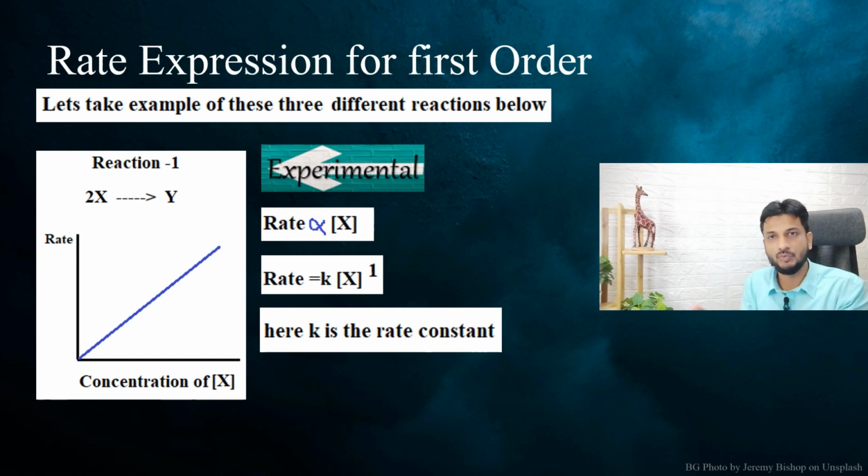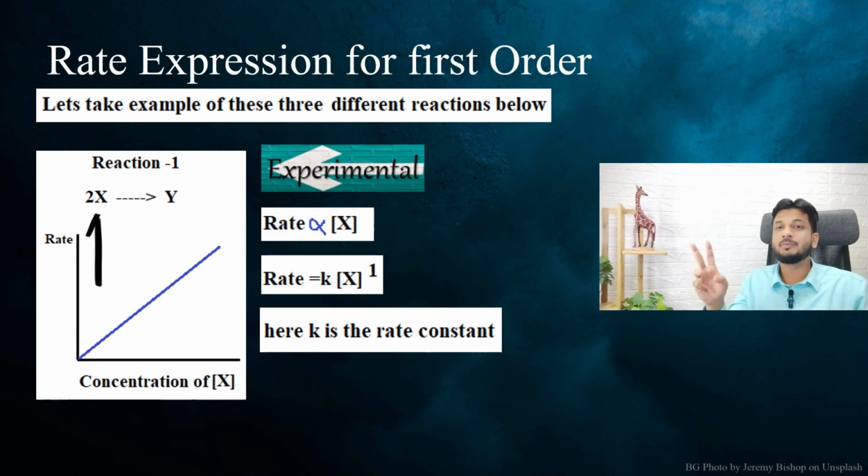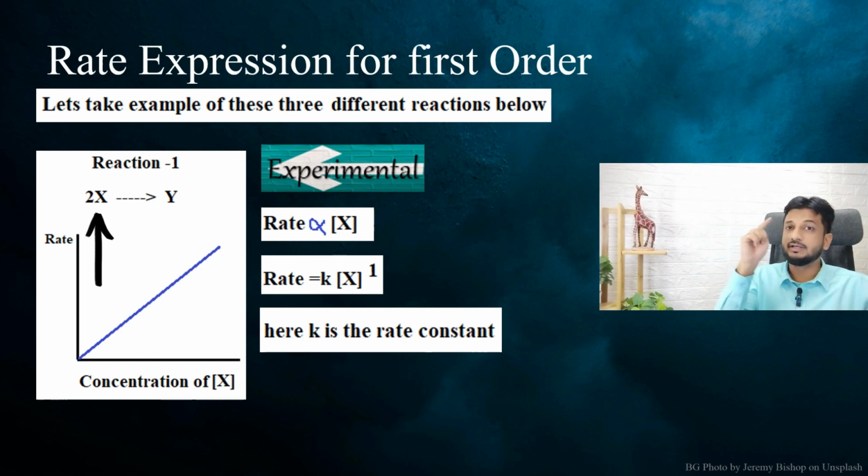Before we go to the unit discussion, let's understand a few things. Number one, the rate of the reaction generally depends on the concentration of one or more reactants. Point number two, it does not depend in the manner of molar stoichiometry. You note here 2 moles of X are reacting, but we did not say rate is proportional to X to the power 2.